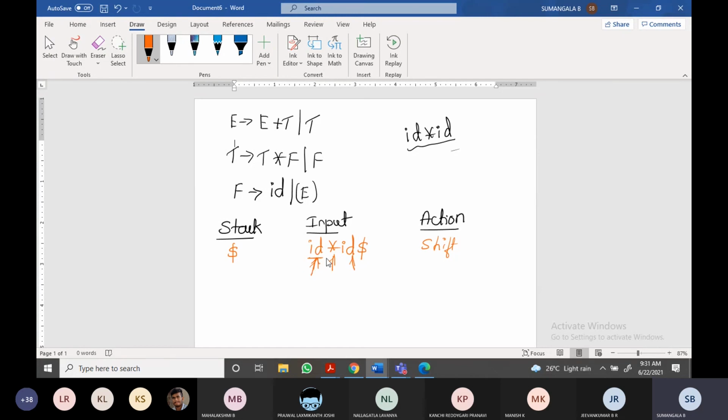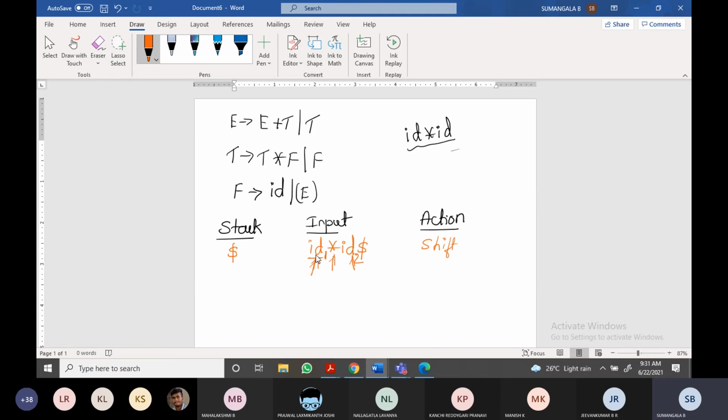Just for understanding purposes, take the first ID as ID1 and the second ID as ID2. The compiler will divide this into tokens, so there are three tokens here: ID1 is the first token, star is the second token, and ID2 is the third token.